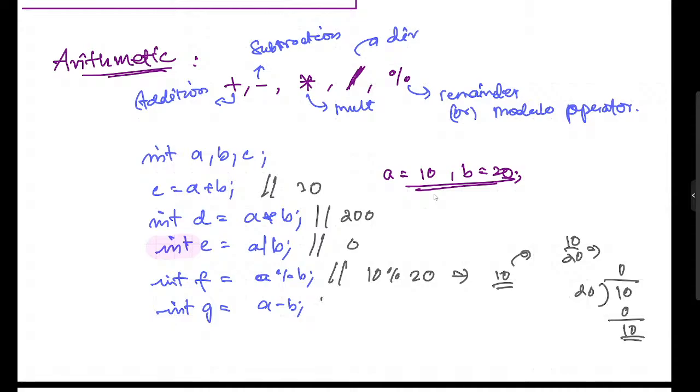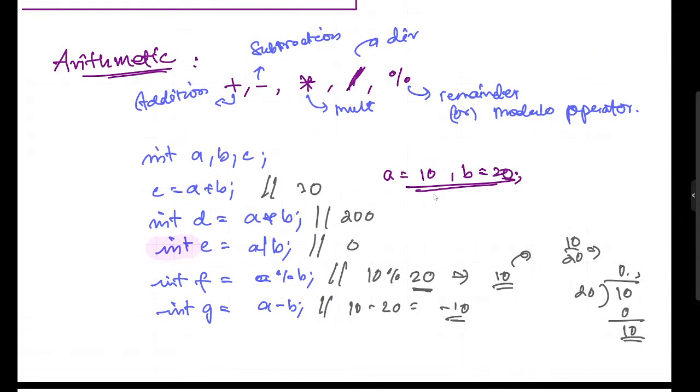You would need 0.5 to completely divide it, but since you cannot, you just do a long division and find the remainder, which is less than 20. a minus b, 10 minus 20, is very straightforward, minus 10. So that's all about arithmetic operators.